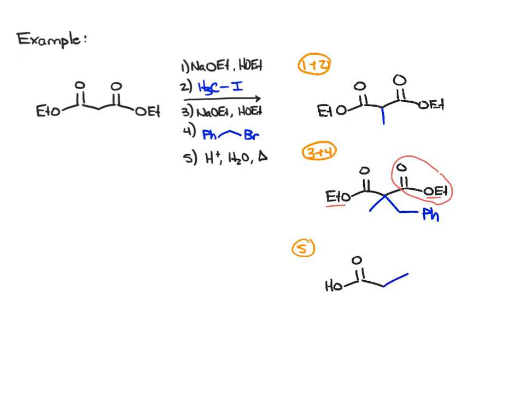So we'll have the methyl attached, the CH2 phenyl attached, and that's your major product. If you want to write out the byproducts of this, in the hydrolysis, we lost 2 ethanols. And in the decarboxylation, we lost CO2.